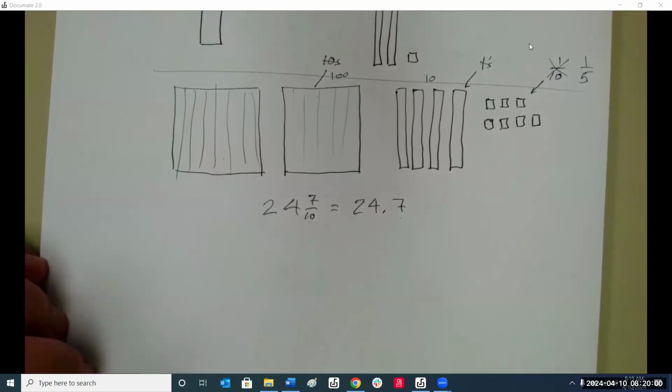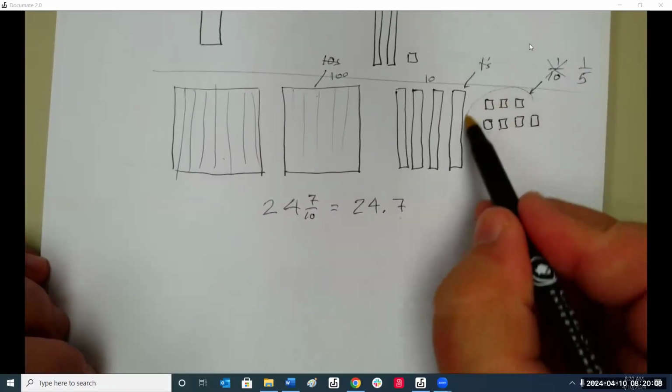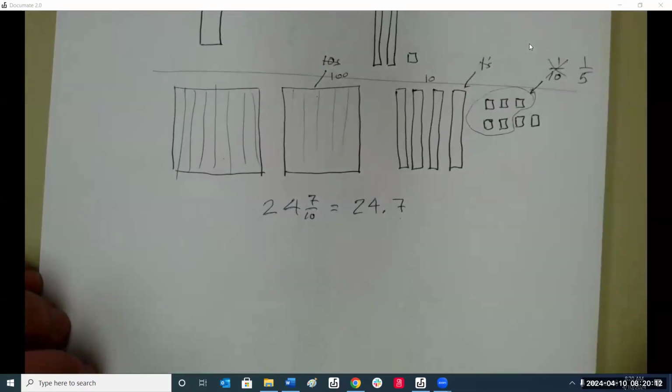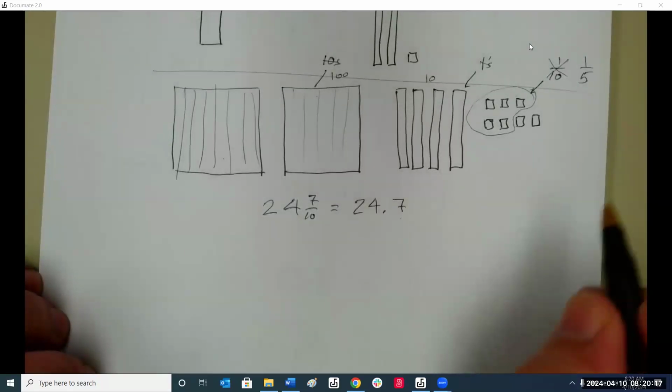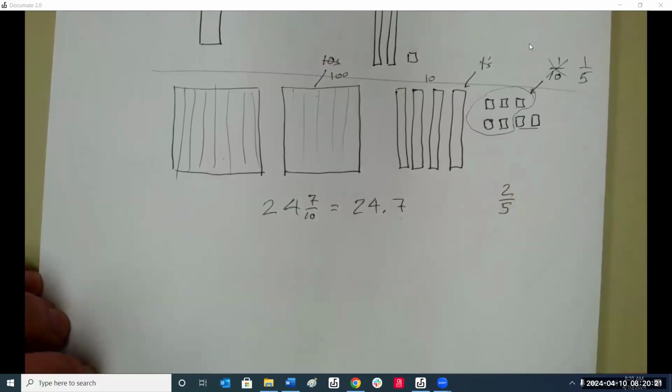We're changing the number system here. Because once you reach 5 of them, then that becomes a 1. So we have 2/5 left over.